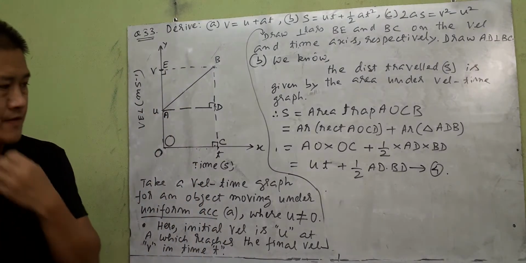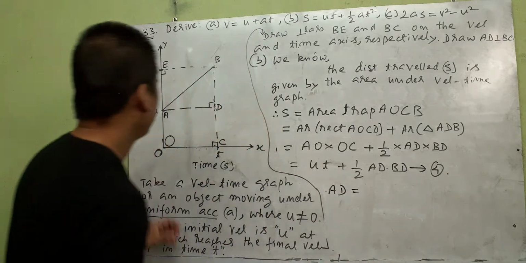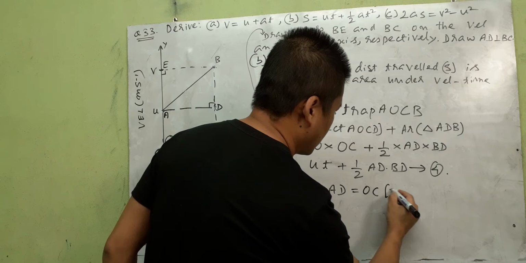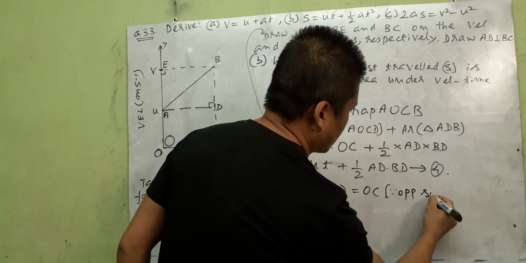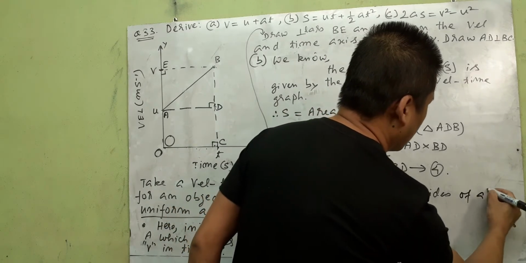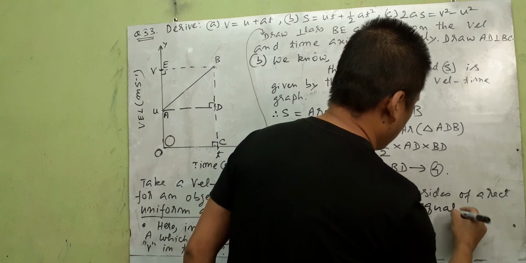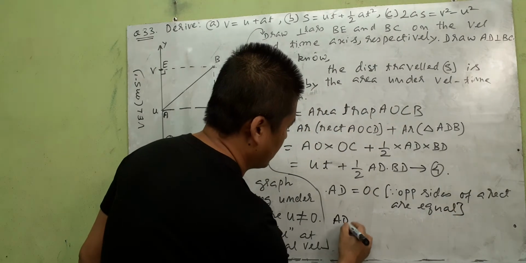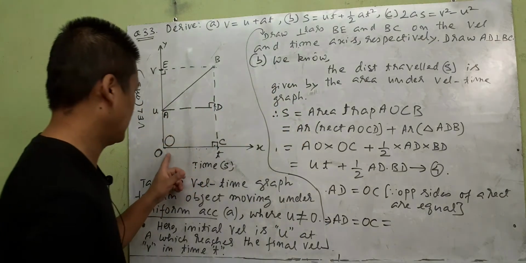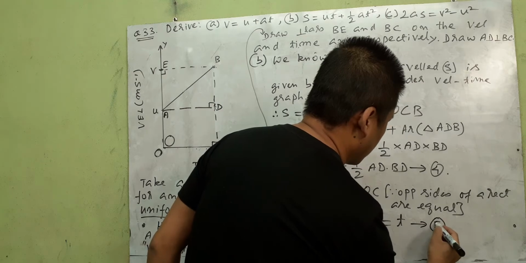Now let us deal with AD. AD equal to OC, because we know the opposite sides of a rectangle are always equal to each other. So that implies AD equals OC, and OC we know already is T, so this is T. Equation number 5, let us say.